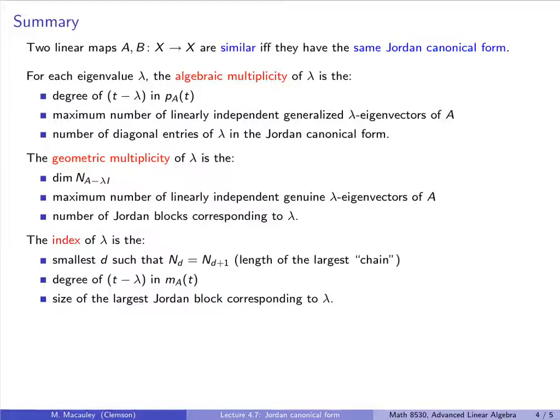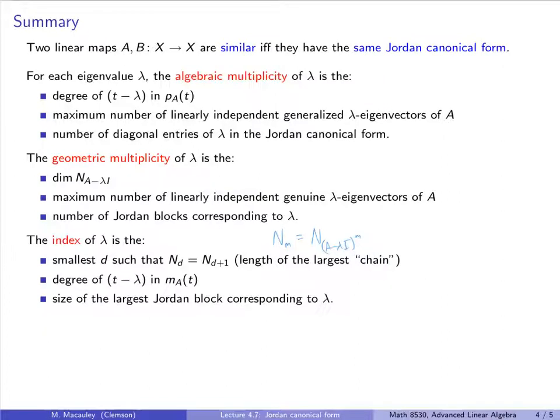The index of lambda is the smallest d such that n_d equals n_(d+1), where n_m is the null space of A minus lambda I to the m. In terms of our chain diagram, that's just the length of the largest chain.